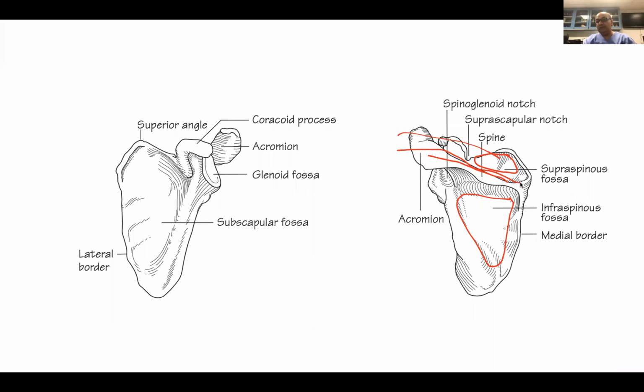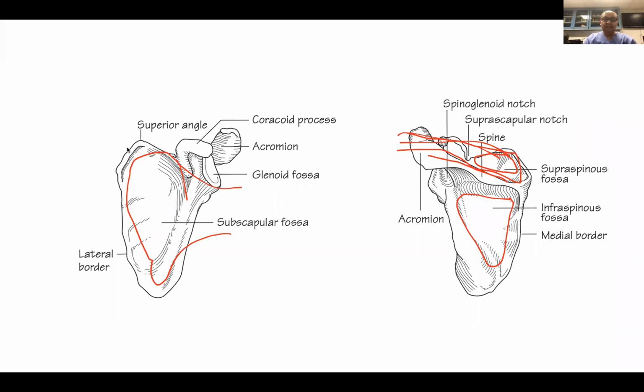Now these spinous fossas are primarily where a muscle comes from and goes all the way like that. That is my supraspinatus. What I need to know about supraspinatus, guys, is that this is an important muscle for initiating my abduction. And infraspinatus is another rotator cuff muscle. And on this surface, what do we have? We have a muscle called subscapularis.